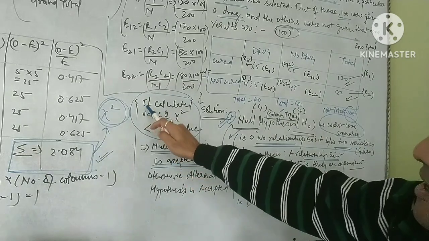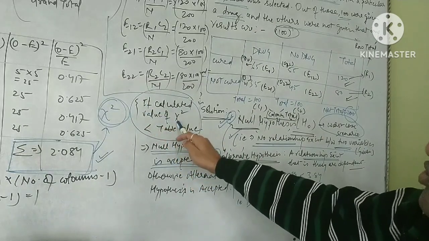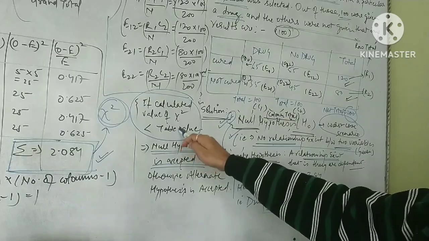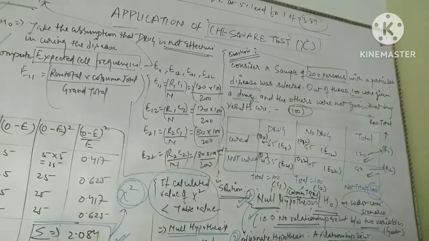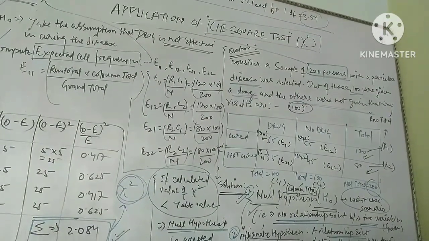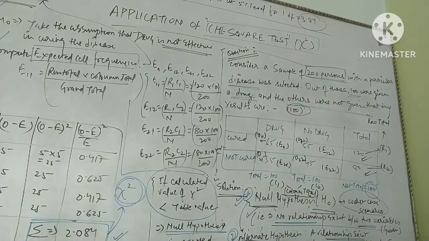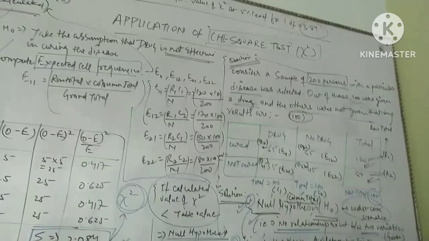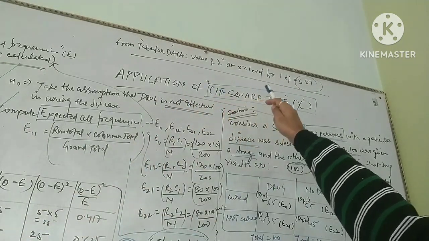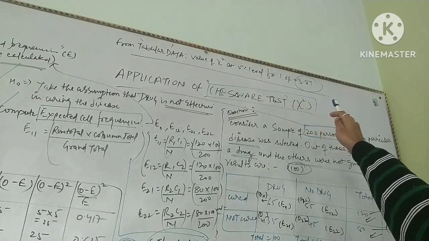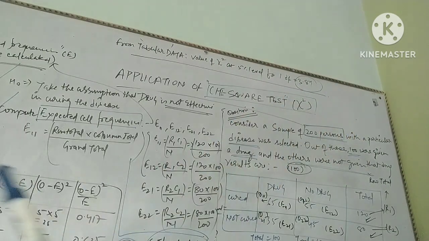It is written here: if the calculated value of chi-square is less than the tabular value. What is the tabular value? Tabular value will always be given in the question, or it is given in the appendices of the data set. From the tabular data, the value of chi-square at 5% level for 1 degree of freedom is 3.84. This has been provided.